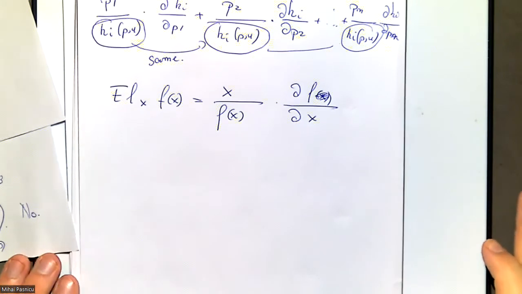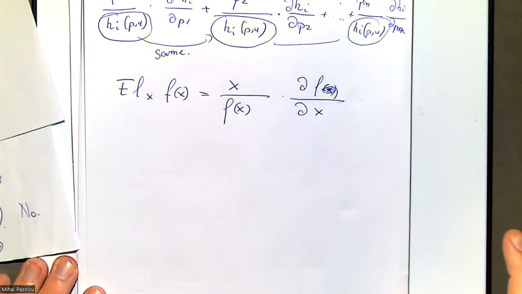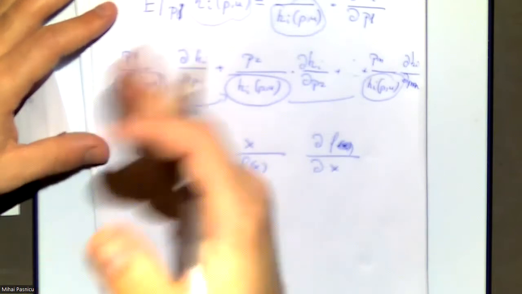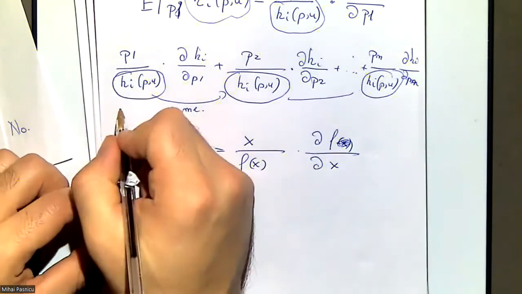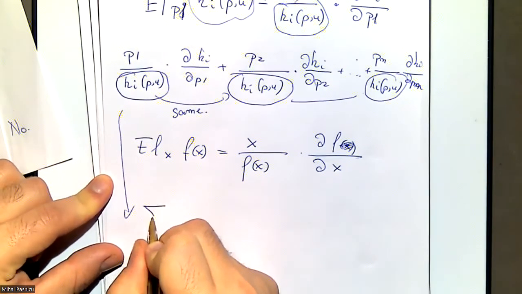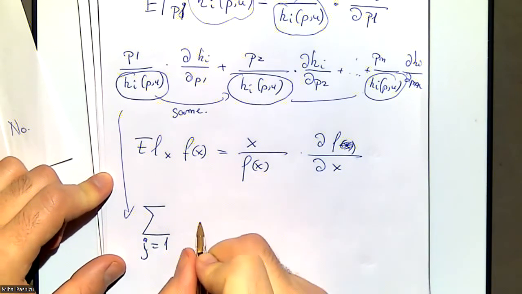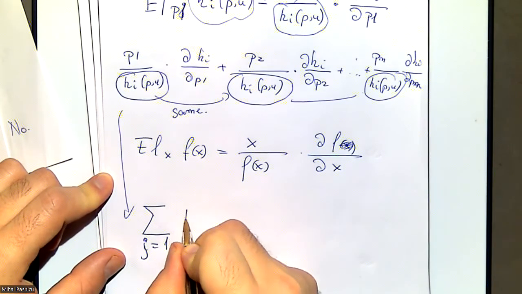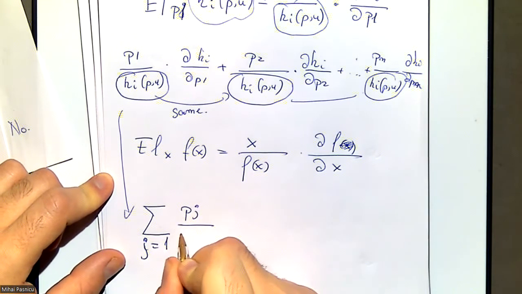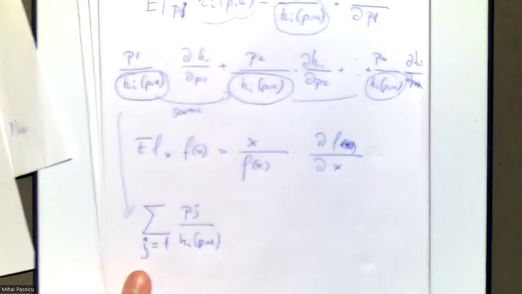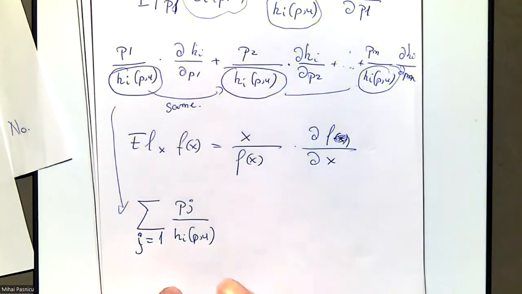Now, let's write it as a sum, but let's be really careful. We're going to write this whole thing as a sum, so we can see things. I'm going to write the sum from j equals 1 of pj times dh_i over dpj. Now you see why I chose this j instead of i. I didn't want any confusion.